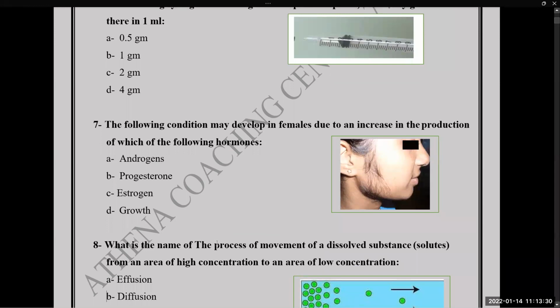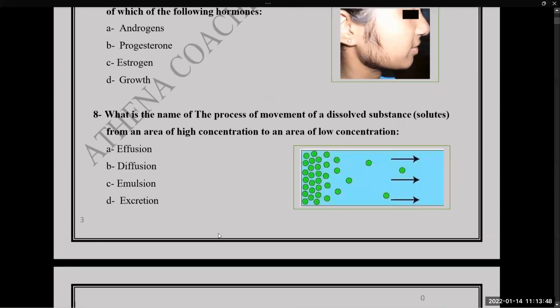The following condition may develop in females. What is this condition? Hirsutism. That is because of increased production of dash. Androgens. Yes, androgens. Next question.